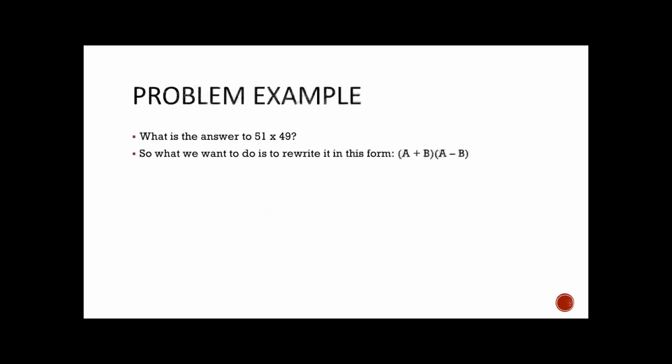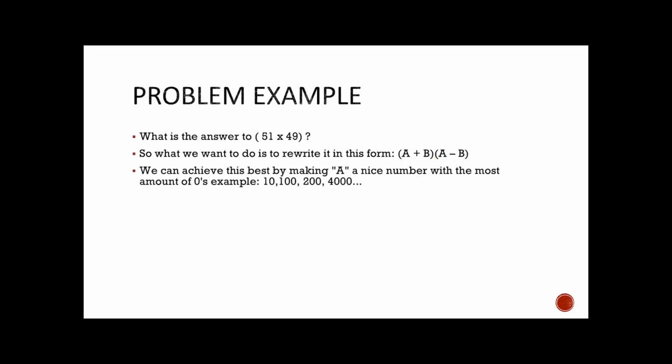Let's just take a smaller number here. We're going to do the big number next. So what's the answer to 51 times 49? What we want to do is rewrite it in this form: a plus b times a minus b. We can achieve this by making a nice number with the most amount of zeros.